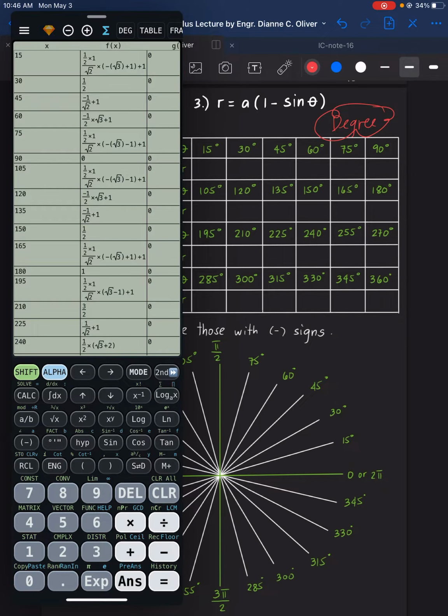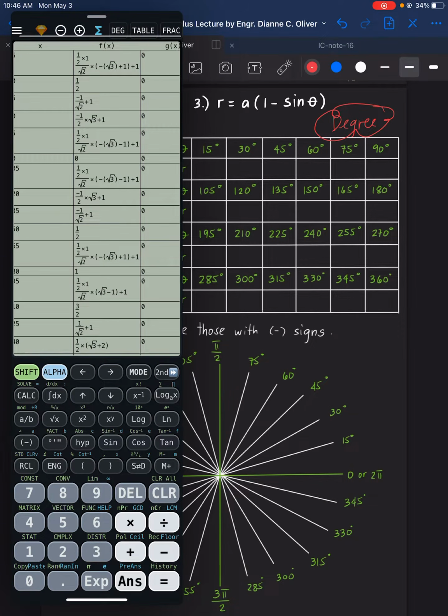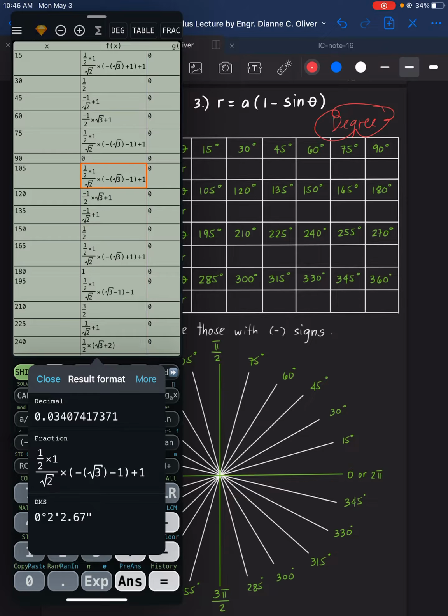Let's have number 15. The decimal for number 15 here is 0.74, so that is 0.74a.